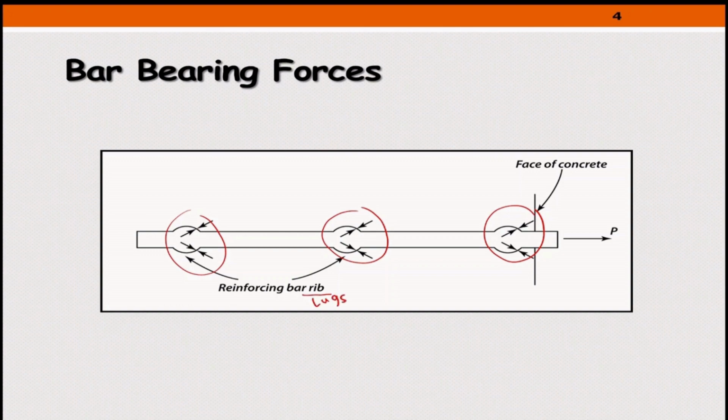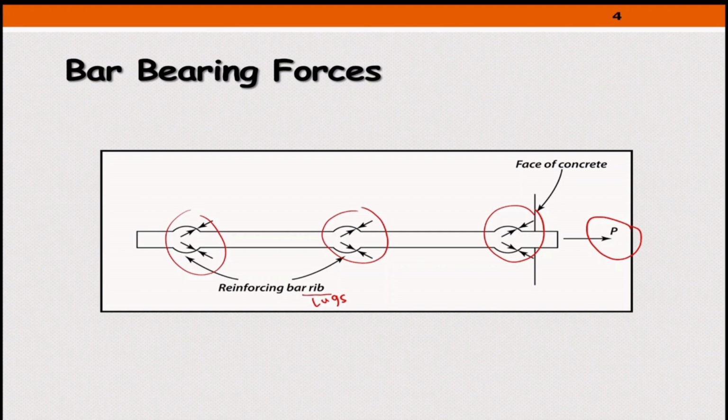The benefit of these ribs over the bar is to make it difficult for the bar to slip under the effect of the force that would be tension or compression. We'll focus on tension force for now because we understand that reinforcement is the element that carries tension on behalf of concrete, which lacks the ability of resisting tension.